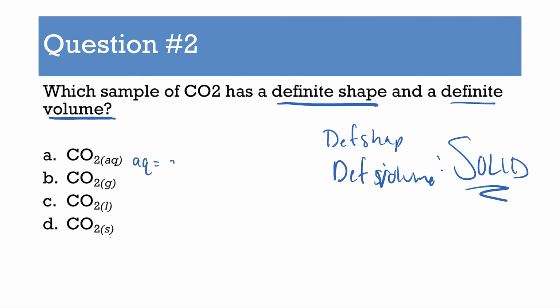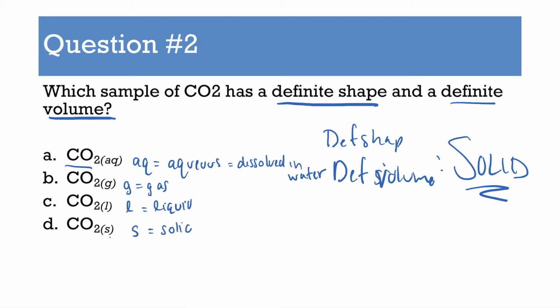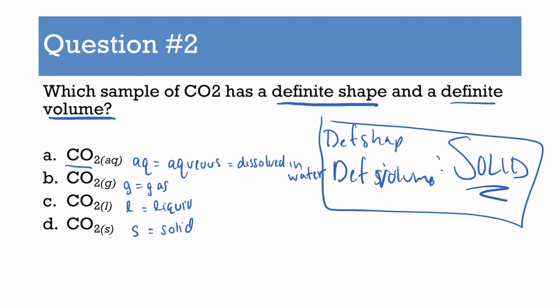AQ means aqueous, which just means CO2 dissolved in water, so that is not a solid. G is a gas. L is a liquid. And S is a solid. So we know based on the question we're looking for definite shape, definite volume. That is the definition of a solid. So that means choice D is the answer.